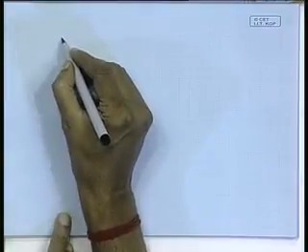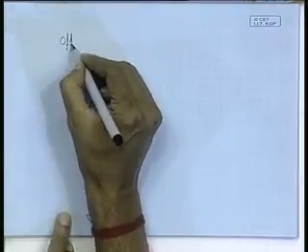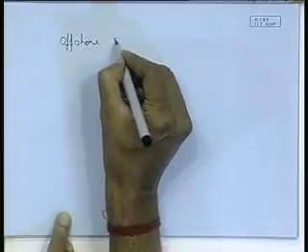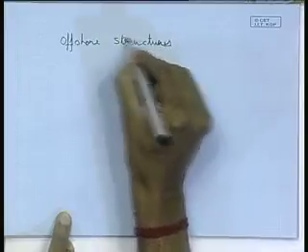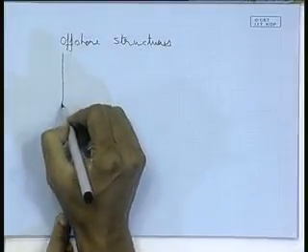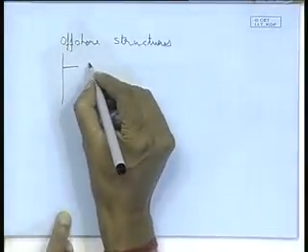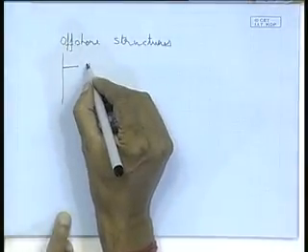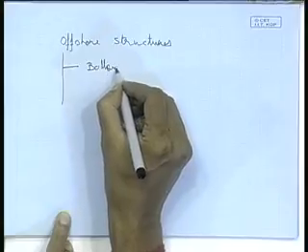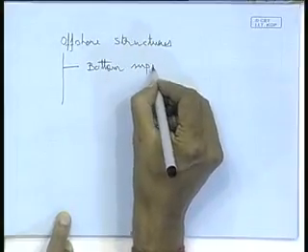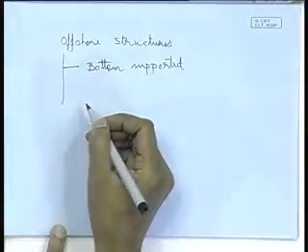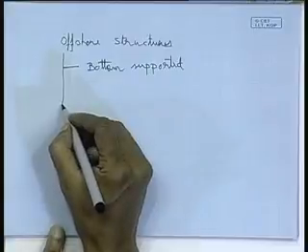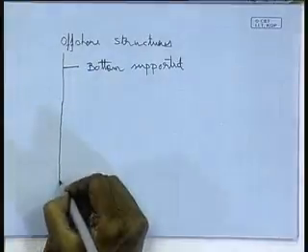They are essentially classified into the following types. One is what is referred to as bottom supported platforms, and another one is floating platforms.